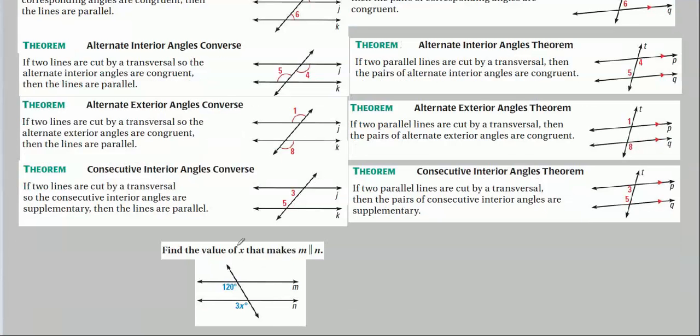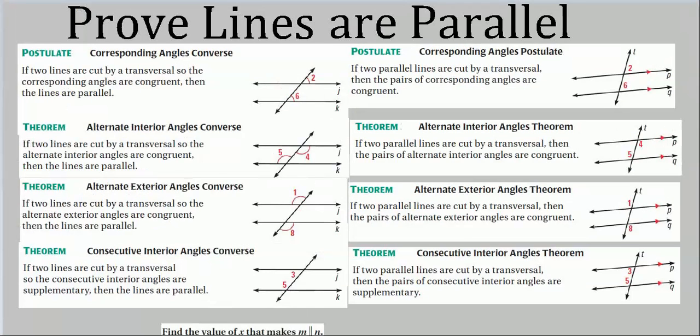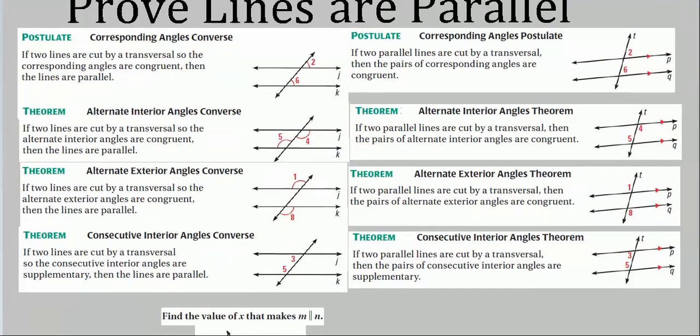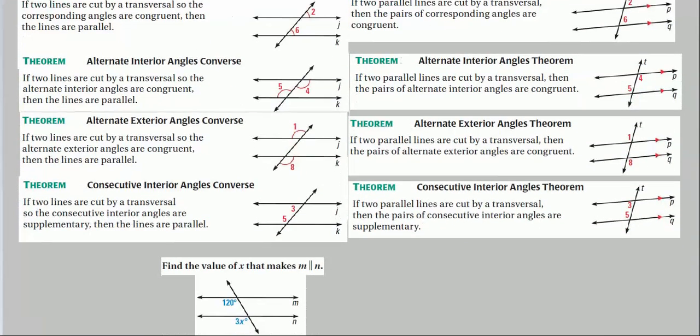Here's a problem where we're going to immediately make use of our corresponding angles postulate right up here. These two are corresponding angles, and we want to know what value of x would make m parallel to n.